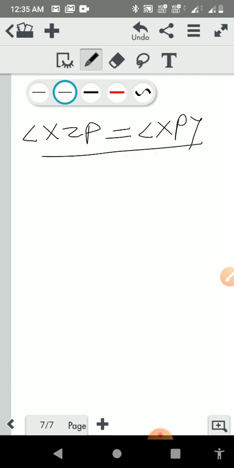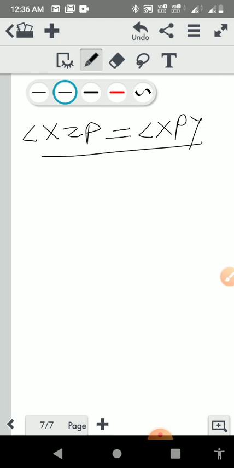XPY. Okay, because if 2 points subtend equal angles at 2 distinct points, isn't it? So this X and Y subtend equal angles at points Z and T, that is a 90-degree angle, which lie on the same side of the line XY. So we can say that these 4 points are concyclic. Did you get it?